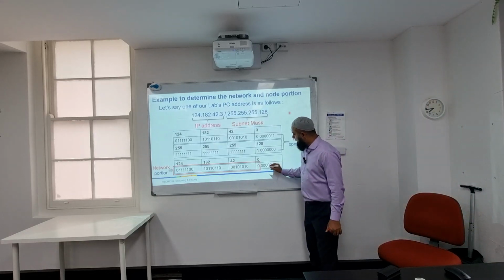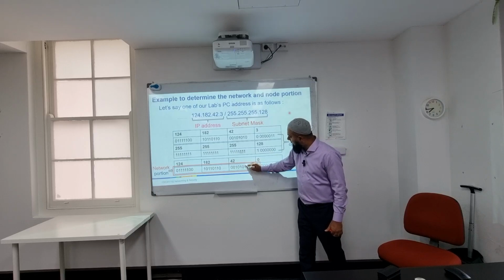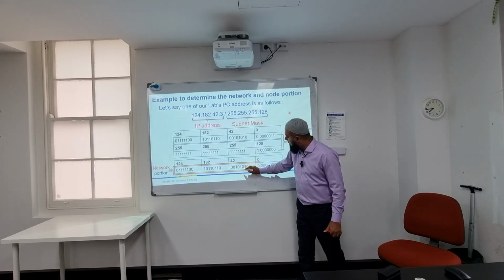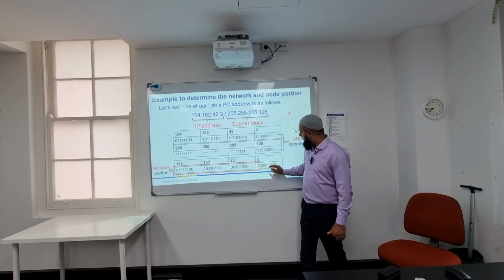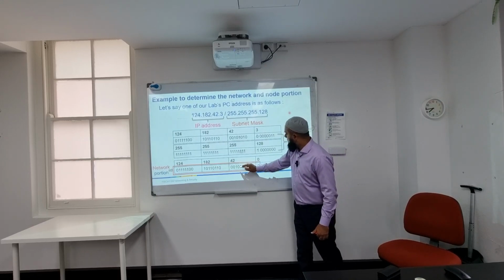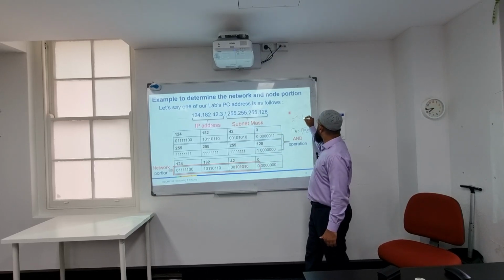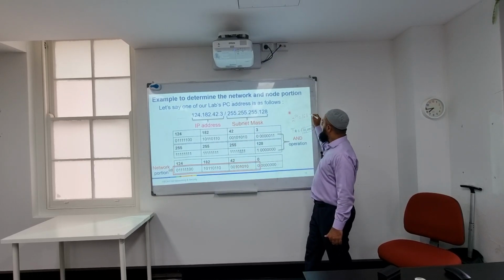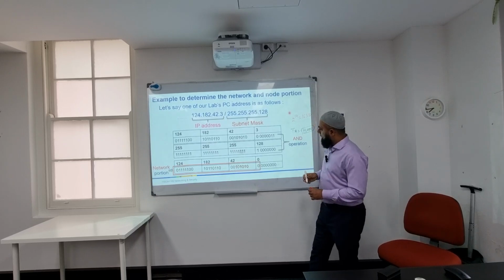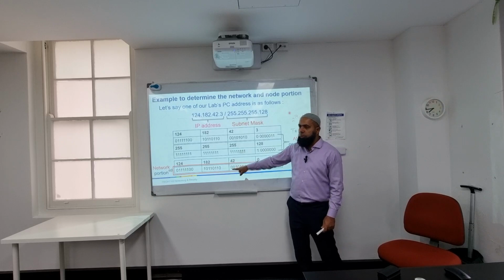So what we'll do, 8 are already here, then 9, 10, 11, 12, 13, 14. So 2 power 14 is 16,384. So these are all zeros, we need to make it.